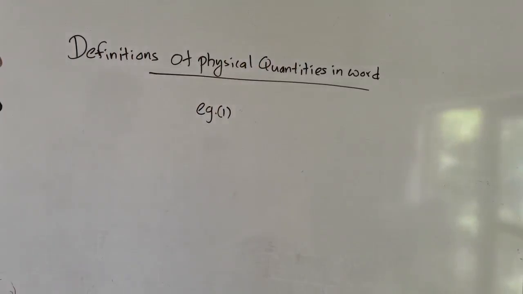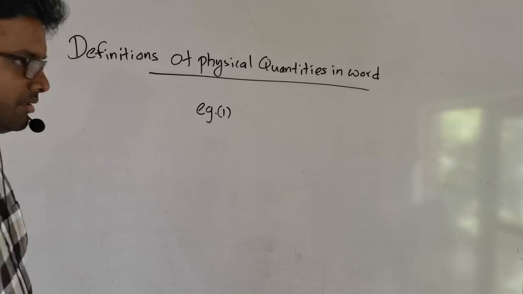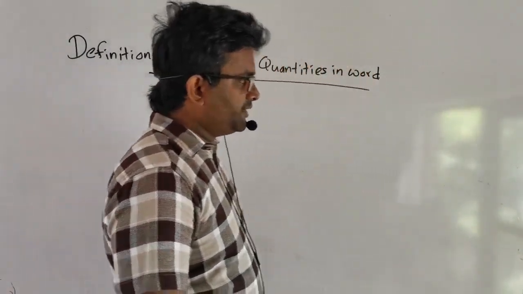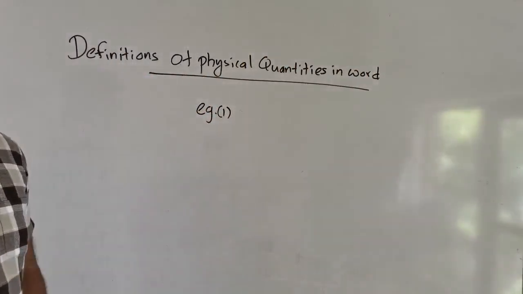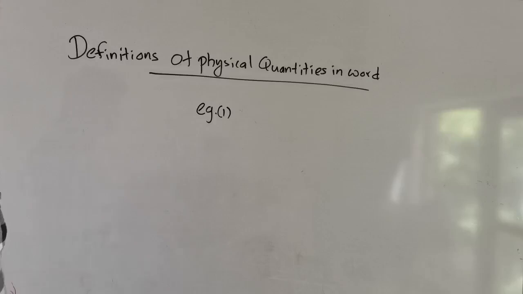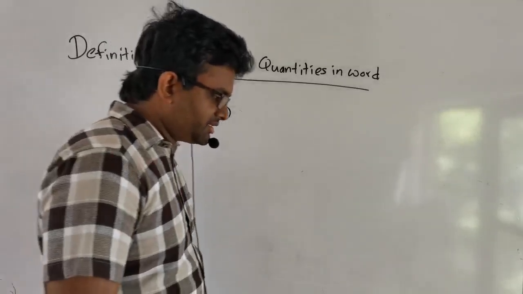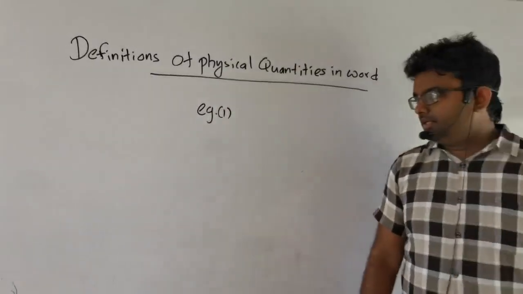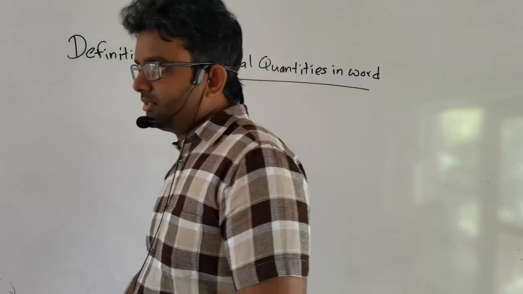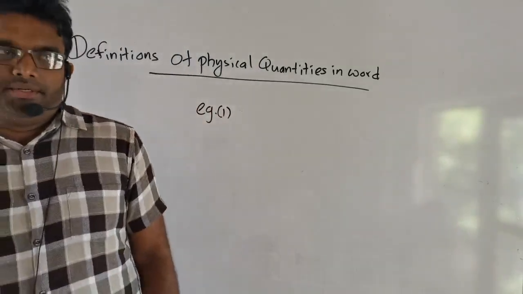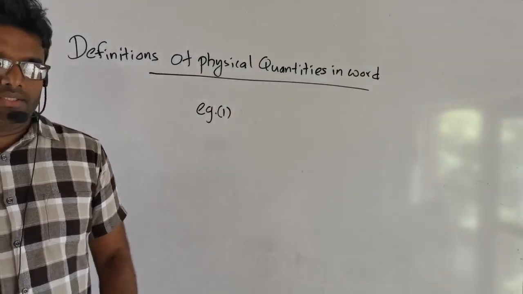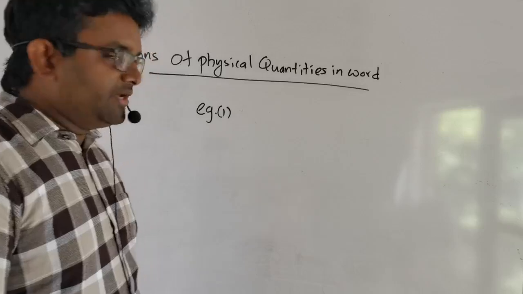Displacement per unit time is defined as velocity.